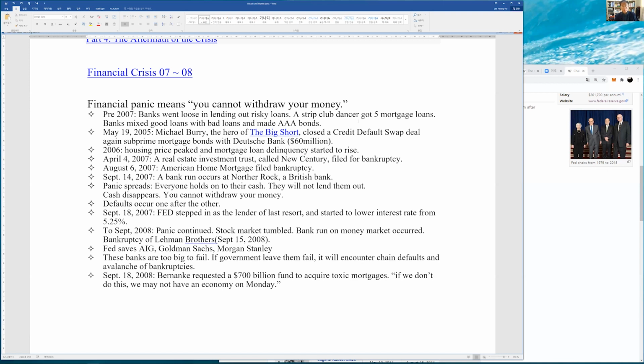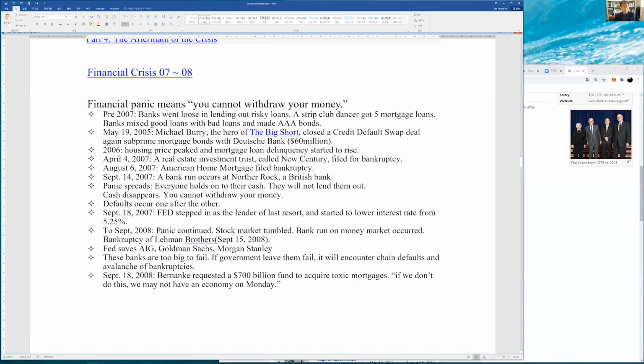Apparently these securities look nicer and got AAA grade so that people can throw money to buy these bonds. So these were the bank practices pre-2009 and 2007.